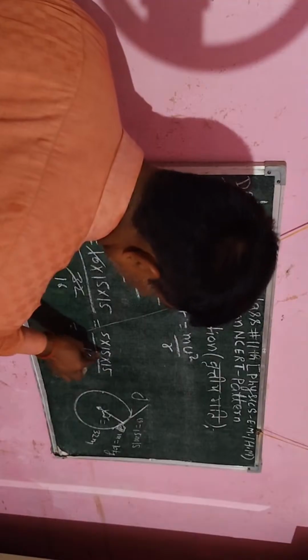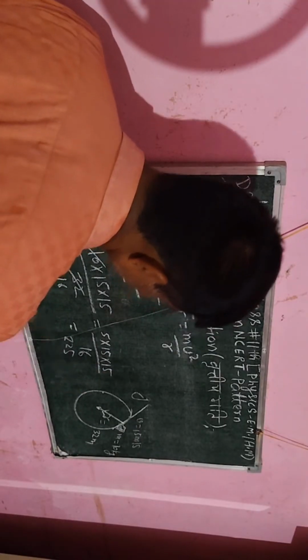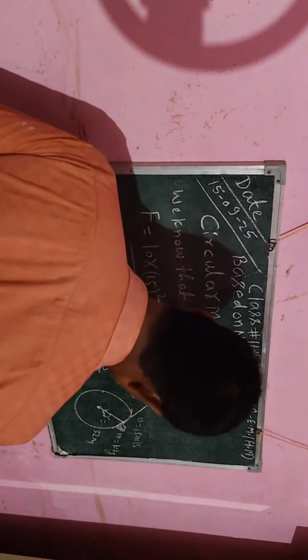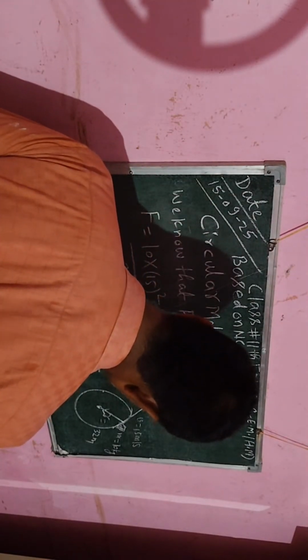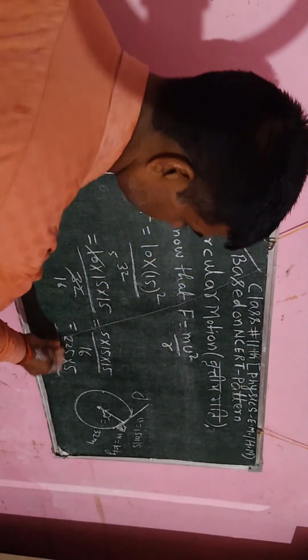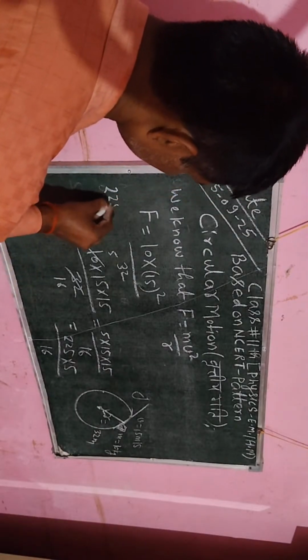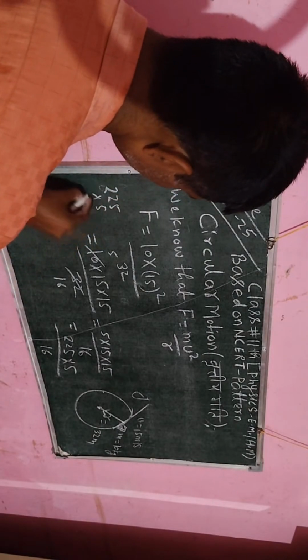So 15 into 15 will be 225, and again I will multiply with 5 divided by 16. Further I will multiply 225 into 5.